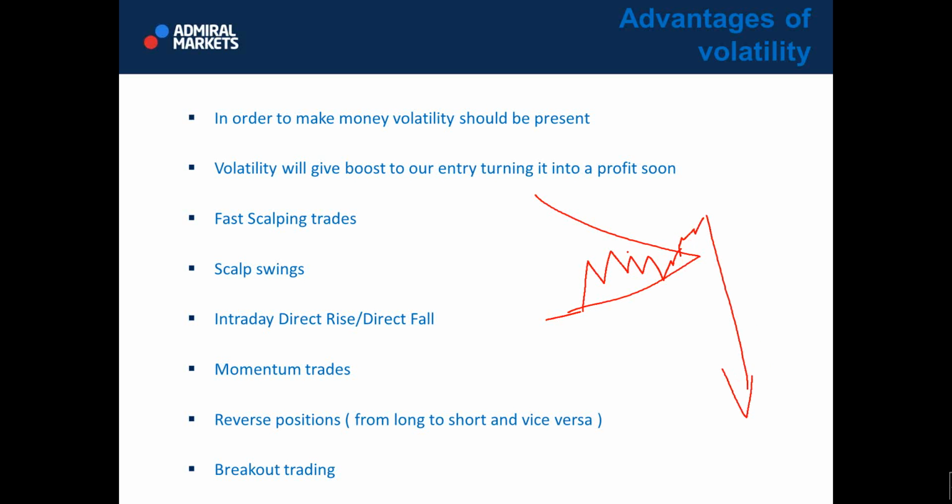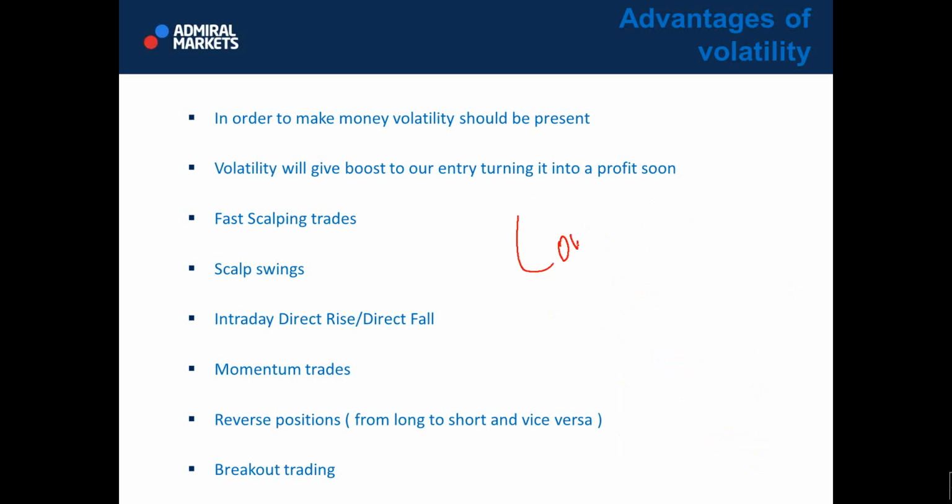So momentum trades are very important for volatility, because you cannot do momentum trades without volatility. You can go low volatility trades, but those are not the same as momentum trades, which I will be showing you today. Momentum high volatility trades.